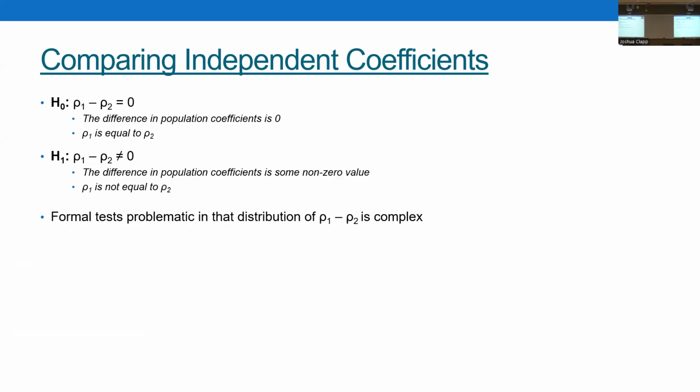And in this situation, what we would do is maybe say, all right, here's the correlation between X and Y in this group. What's my first group?